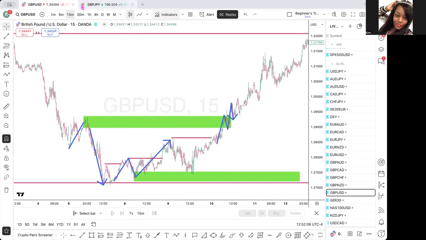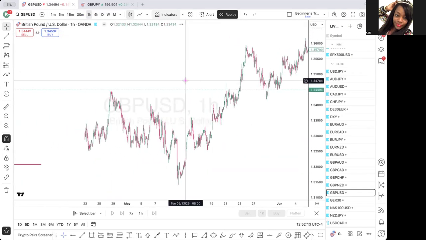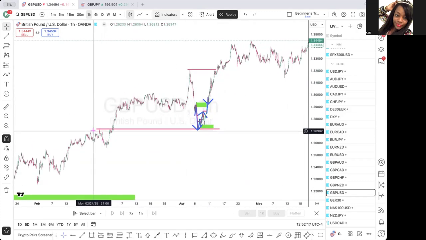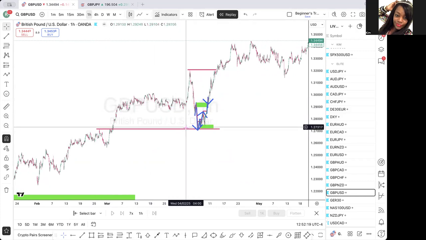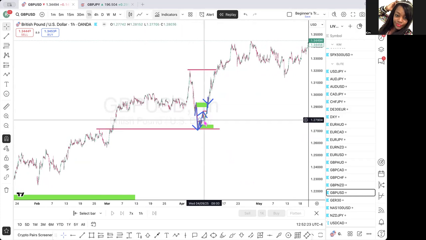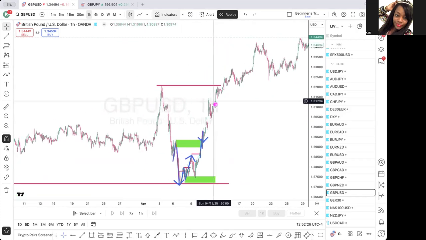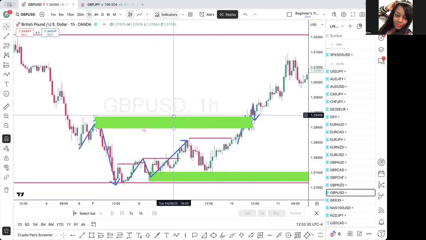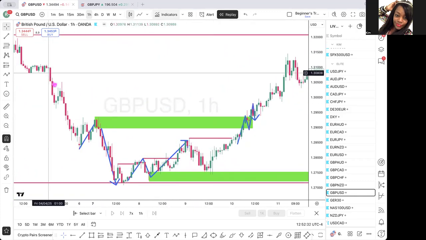So after the change of character, if I was looking at the 1 hour, hold on, let me put this over here. If I was looking at the 1 hour and I knew I had already identified on the daily that price may pull back to this zone, right? And then I went down to my 1 hour and identified this was moving down.